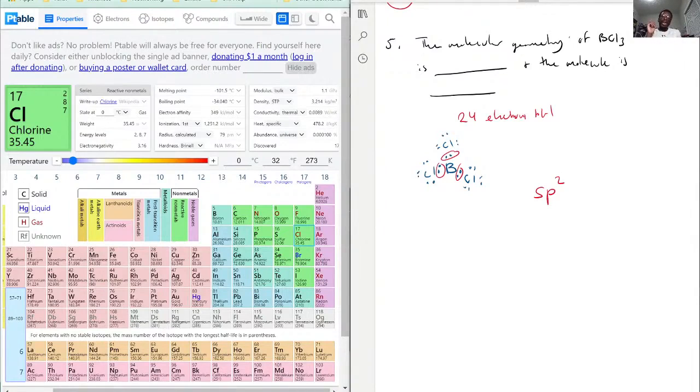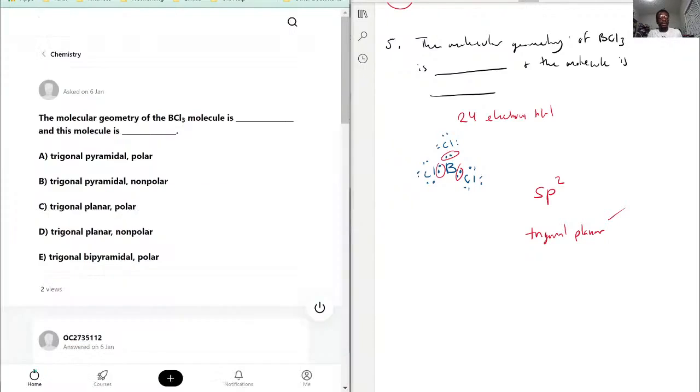And now that we know that, we can actually look at our electron geometry sheet, and it'll actually give us trigonal planar. Okay. Funny enough, because there are no lone pairs here, when you try to find its molecular geometry, this is also correct as well.